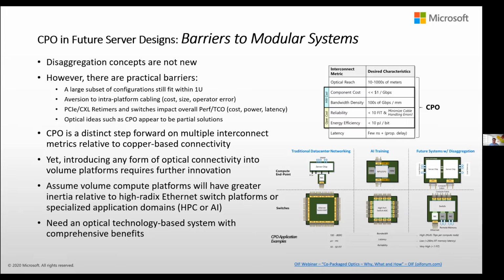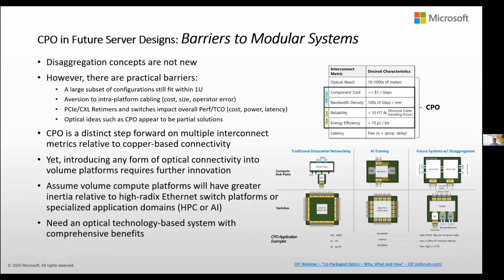So we have had other reviews and presentations. The characteristics look good. We have a certain set of targets in mind, and some of the numbers that we're hearing are very, very promising. So great promising technology relative to copper-based connectivity. But introducing any form of optical connectivity beyond copper cabling is going to meet even greater resistance.